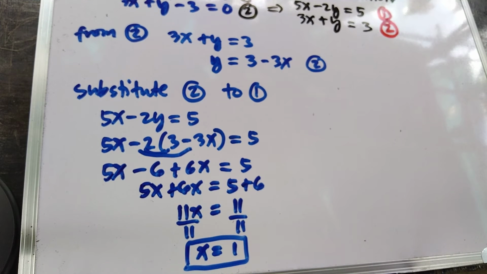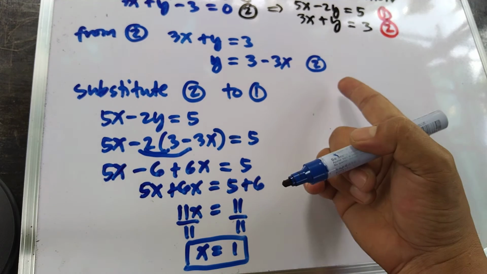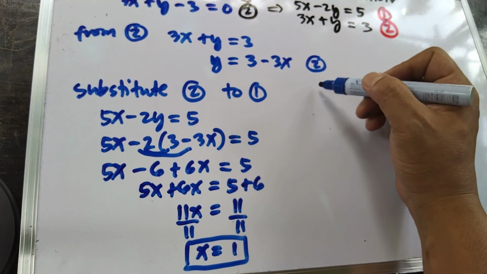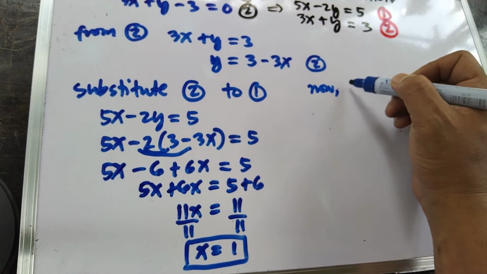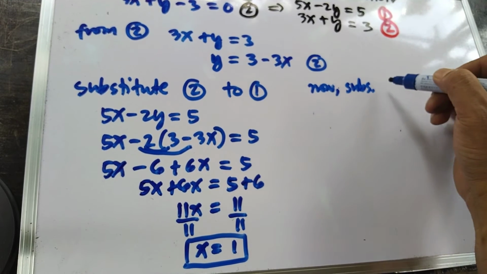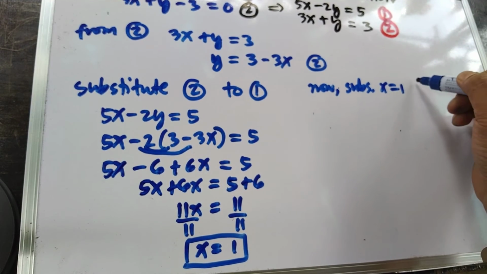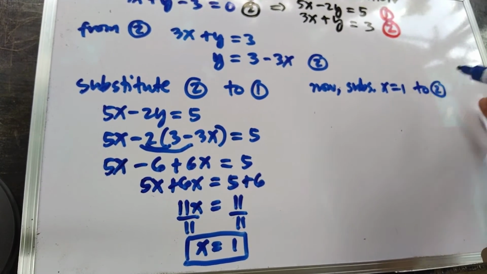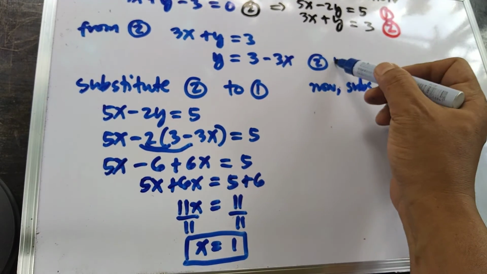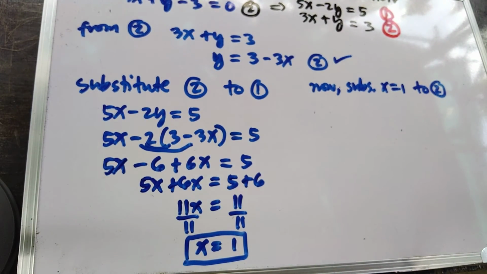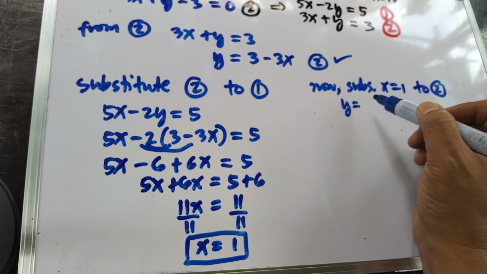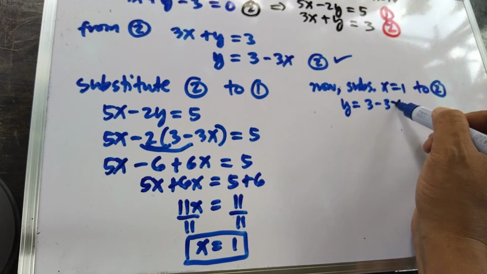Now that we have the value of x, all we need to do is substitute this value to our equation number 2 so we can solve y. Substitute x is equal to 1 to equation number 2. So, y is equal to 3 minus 3x.